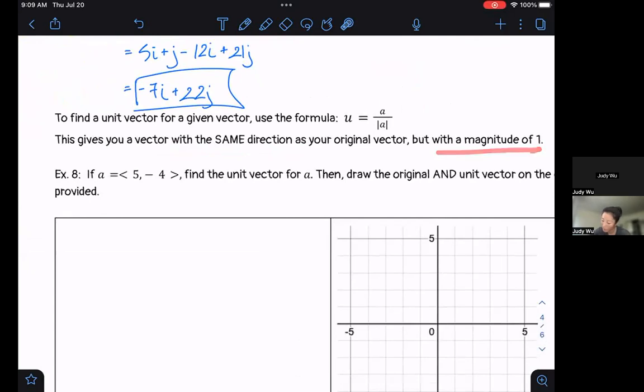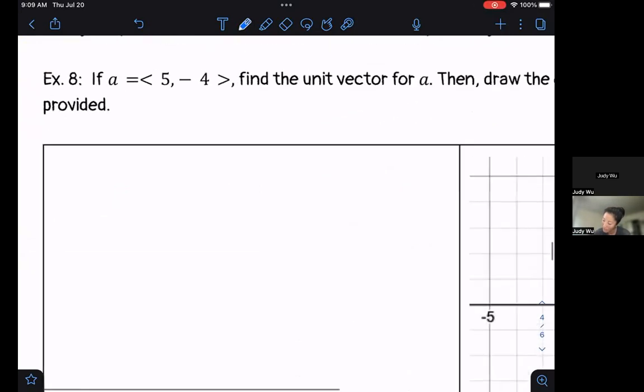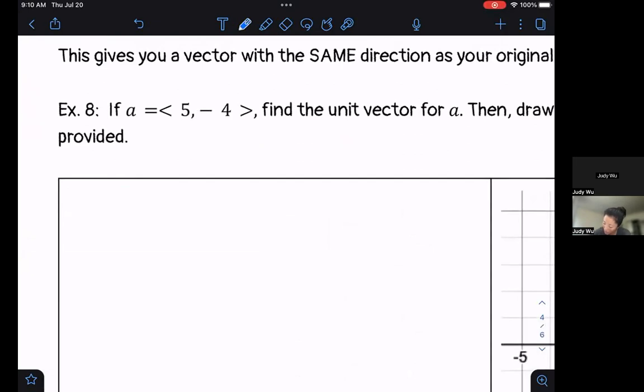So if A equals 5, negative 4, find the unit vector for A, then we're going to draw the original and the unit vector on the grid just to visualize it. So let's do a little bit of work. We want to find our unit vector. We're going to take A and divide it by the magnitude of A.